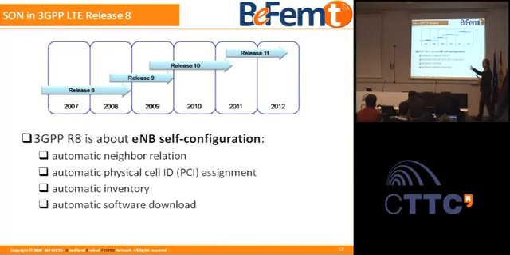So Release 8, the earliest release on that, concentrated only on the functionality of installing your base station. Okay, so it's a hardware issue. So the question here was, how do I automatically upload and download the software? How do I make an inventory? Because every base station has different hardware elements.